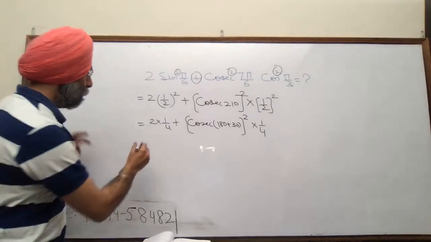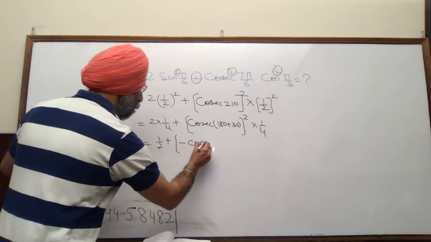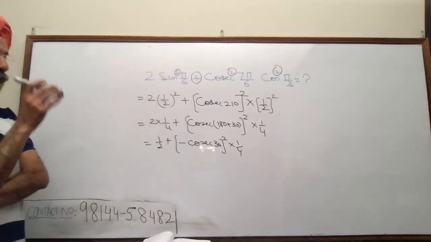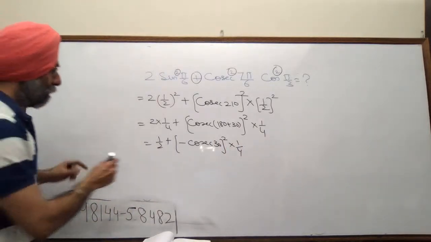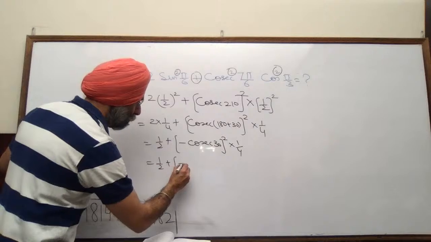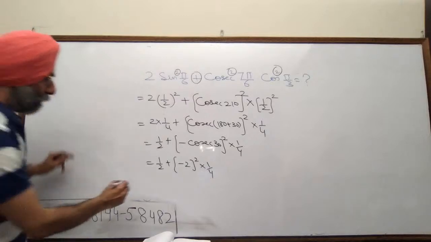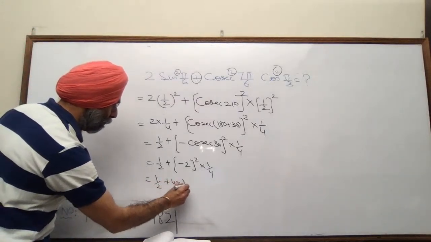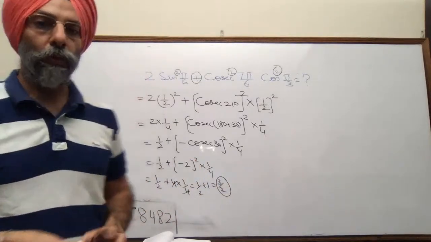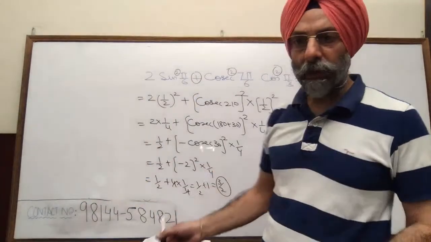So this is equal to half plus cosecant 180 plus 30 is minus cosecant 30, its square into 1 by 4. Right, beta? So this is half plus cosecant 30 is 2, its square into 1 by 4. So it is 1 by 2 plus 4 into 1 by 4. This is 1 by 2 plus 1. This is equal to 3 by 2. So this is the answer here. Okay, beta. So the answer to this question is 3 by 2.